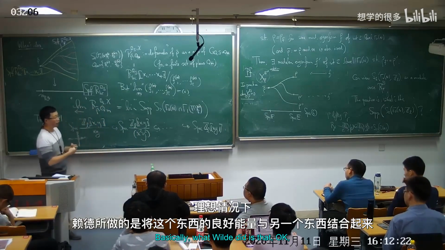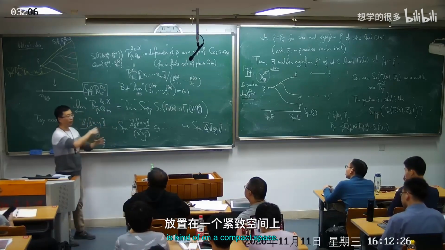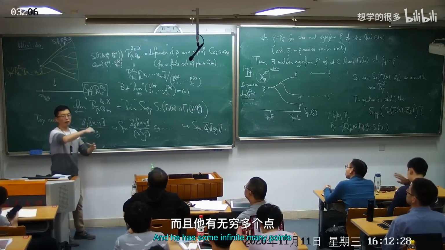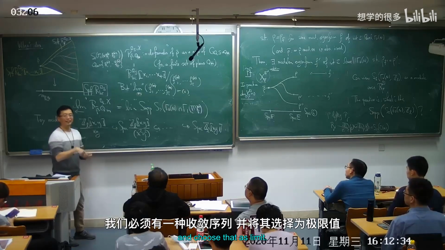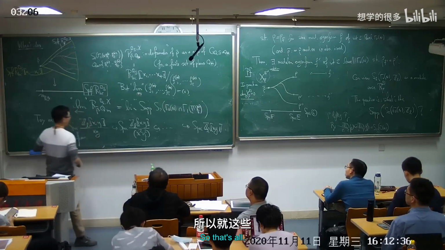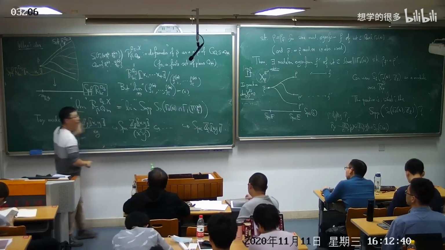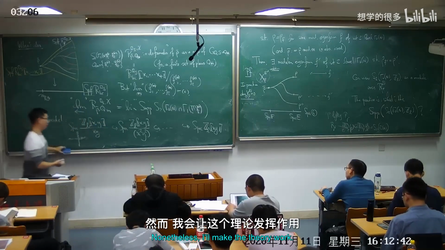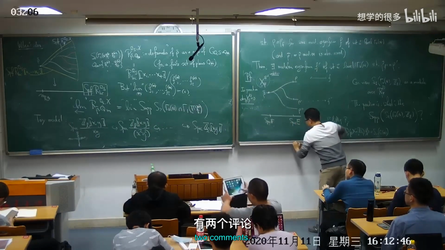Basically, what Wiles did is, a good analogy is that on a compact space, if he has infinitely many points, then there must be a converging sequence, and he chooses that as the limit. So this inverse limit is extremely non-canonical. Nonetheless, it somehow makes the theory work. Okay, so those are the two comments.